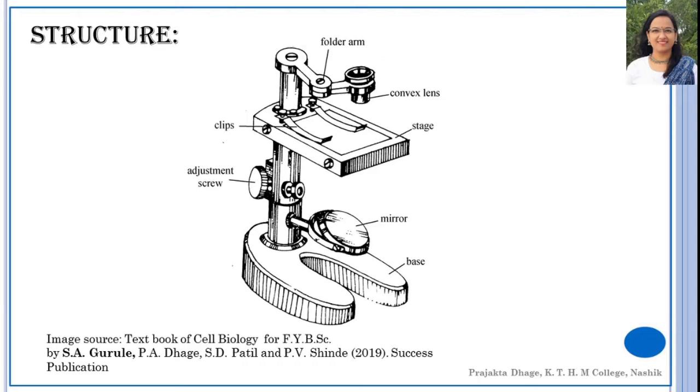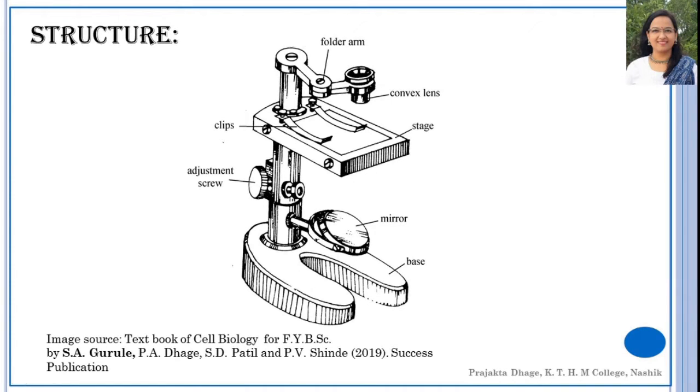Simple microscope is made up of two parts. One is the optical part and the second one is the mechanical part. Now we'll see one by one what the parts are. You can see it in the picture also. First we'll talk about the base. The base is made up of heavy material which rests on the table top.